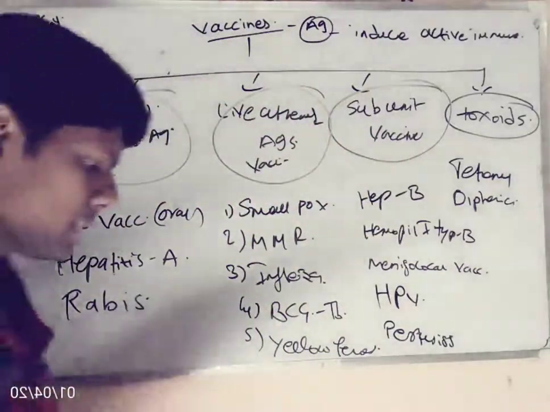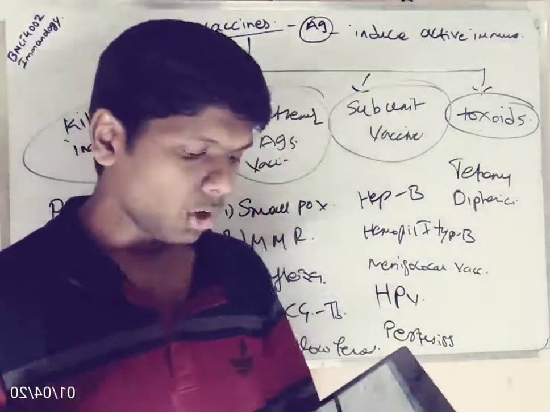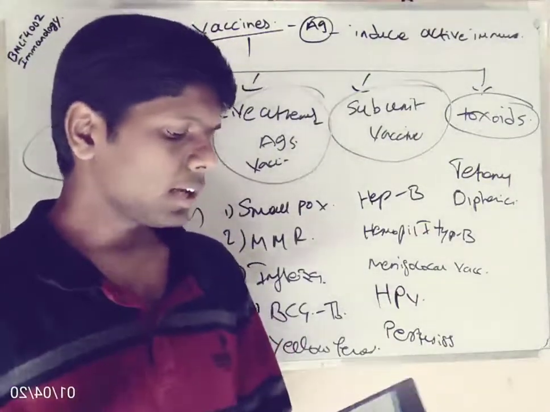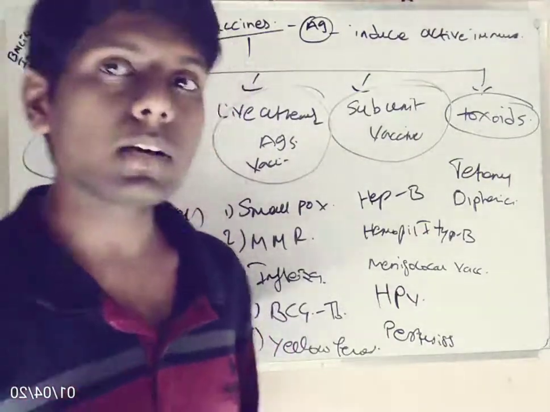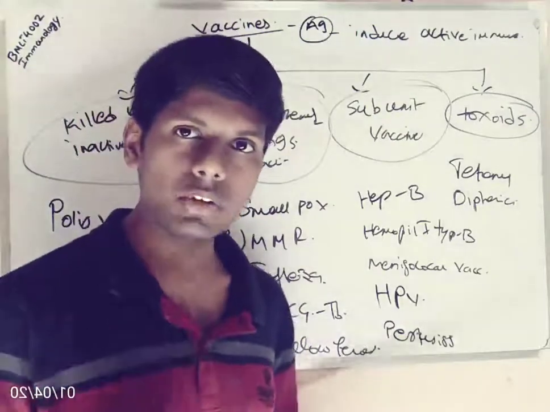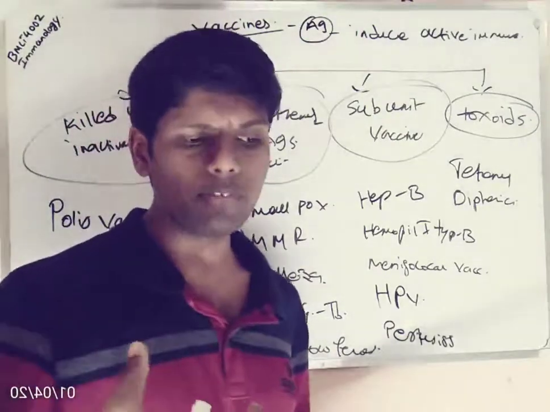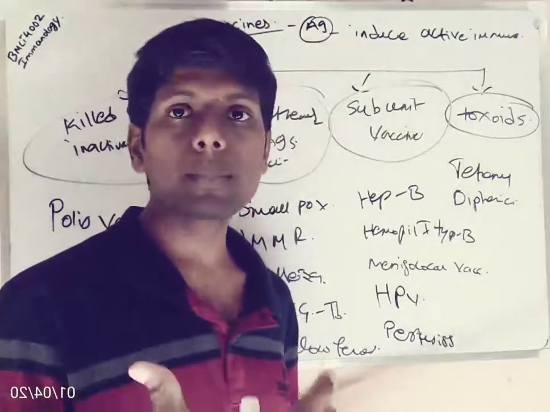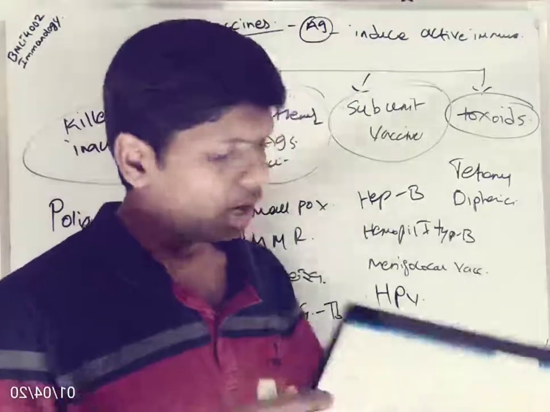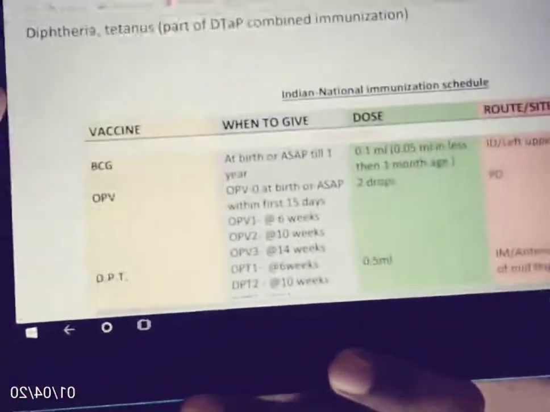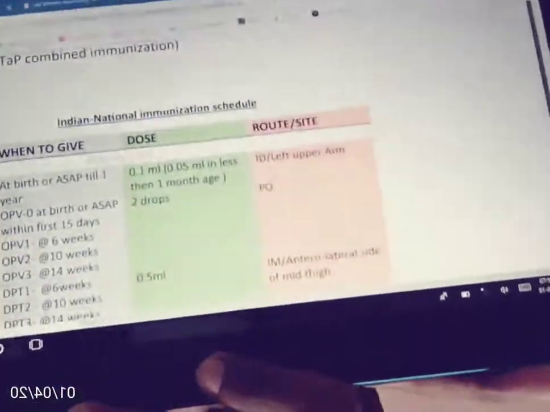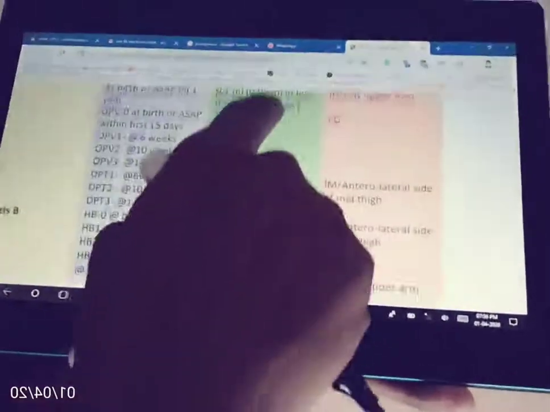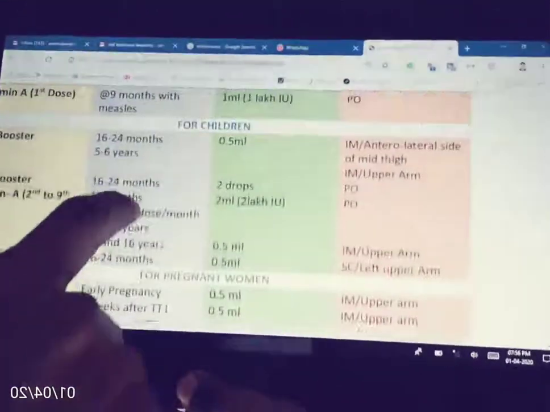Other than this, students, I already shared my notes with you. We have the Indian national immunization schedule, the vaccination schedule. What are the vaccines that are mandatory for a growing baby? We have vaccines, the booster doses and the method of administration. I shared these notes with you, just go through them.